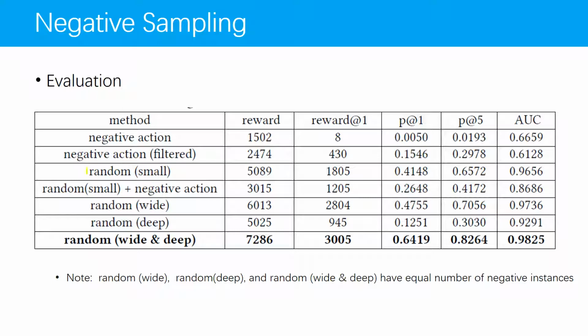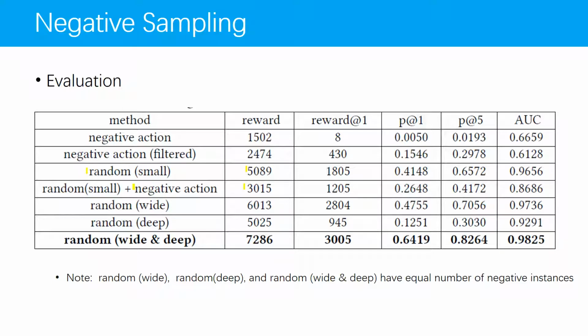If we randomly sample some items as negative instances, the model performs well. We further add back the negative activities to this small random negative instance set. Surprisingly, the score drops.